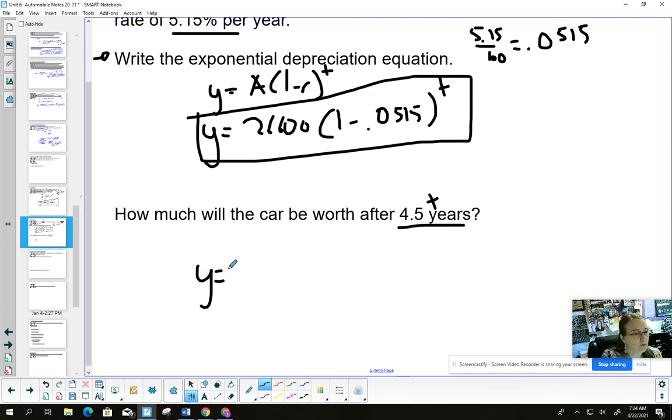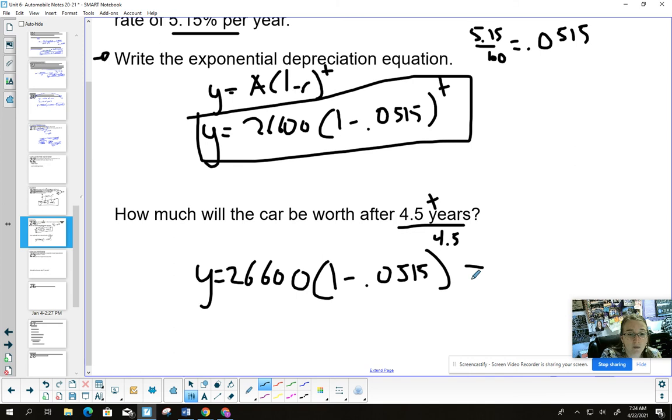So we have y equals 26,600 times 1 minus 0.0515 to the, this is my t, 4.5. Take a moment, go to your calculator, plug that in. This is going to be an estimation for the value of the car after 4.5 years. To the 4.5.